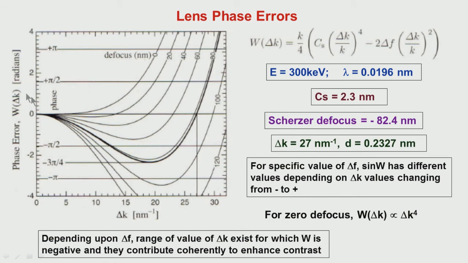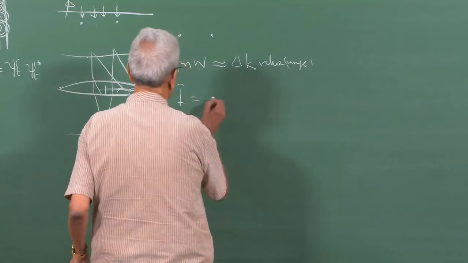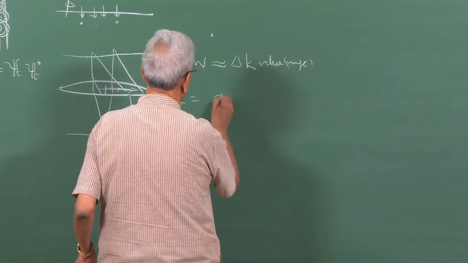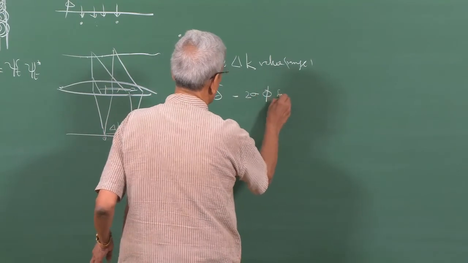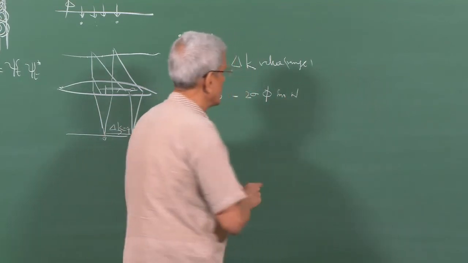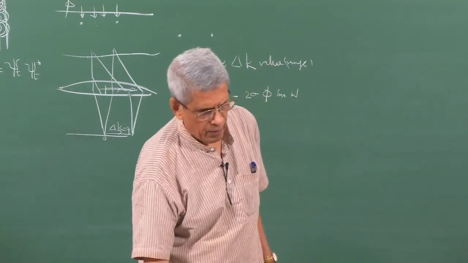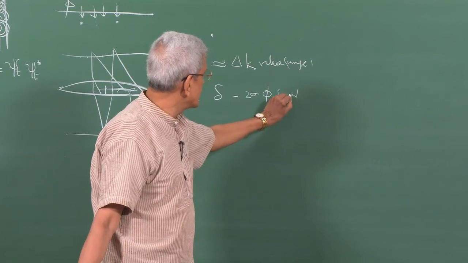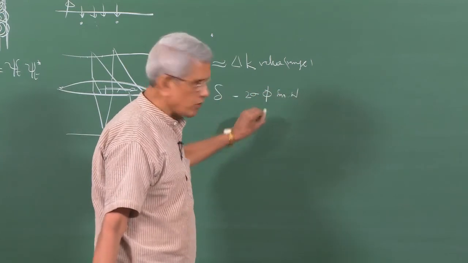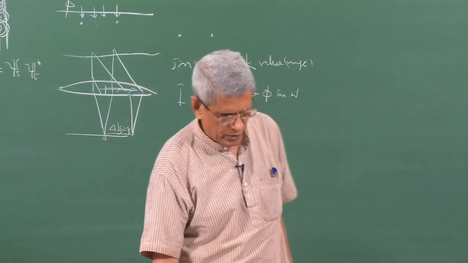So, what is essentially important is that from here to here, when it is the negative value, whatever be the value of the sine term, it is always going to give rise to some value, because if we take the intensity, intensity equals 1 delta function minus 2 sigma phi sin W. Suppose the value of W turns out to be positive, then for one value of g it gives a positive value, and for another value of g, a delta k value, it gives a negative value.